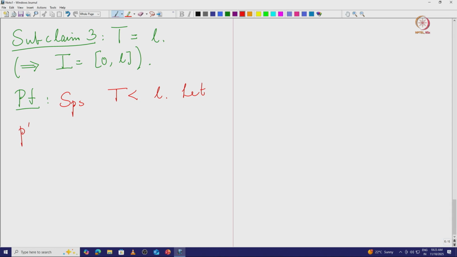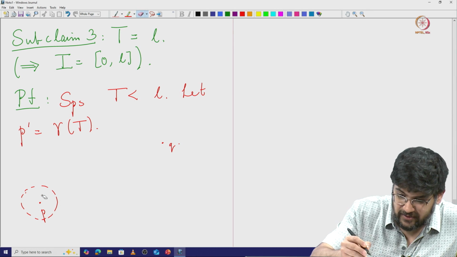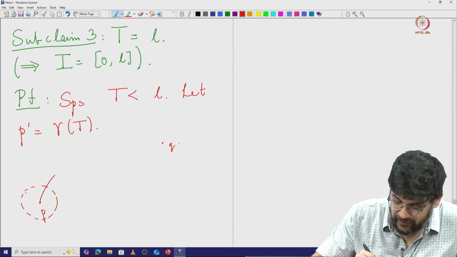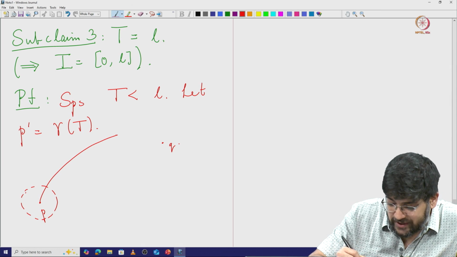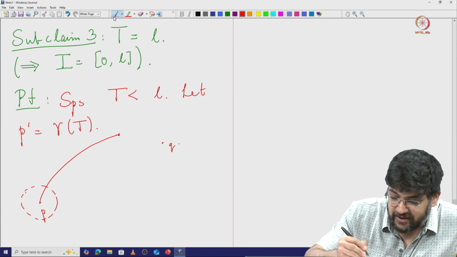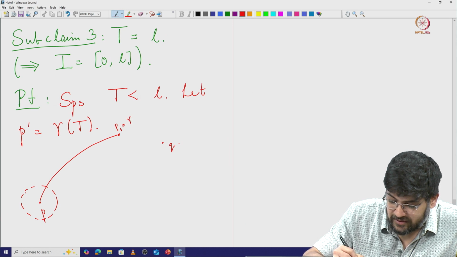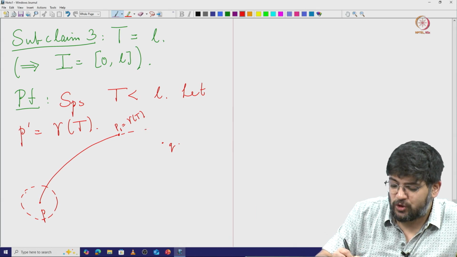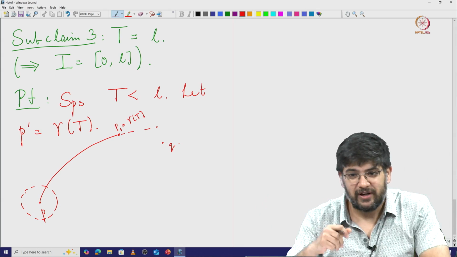So let P prime be gamma of T. So again let me draw a picture. So we have our P here, we have our Q here, we shoot in a certain direction, but instead of reaching Q it sort of terminates somewhere, which I am calling gamma capital T. Okay, and then it just goes somewhere else, it does not go back to Q, right.